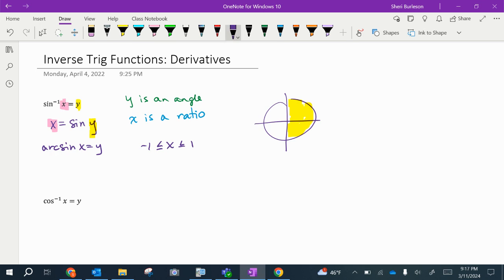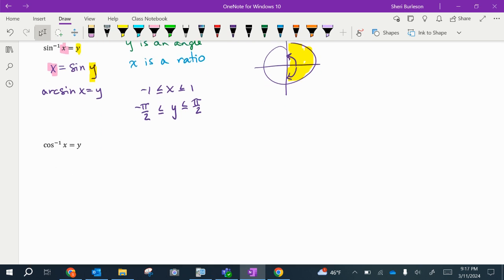If we remember that, in quadrant 1, it is a positive rotation up to pi over 2. And in quadrant 4, it is a negative rotation to negative pi over 2. So the only angle inverse sine is ever going to give you is an angle between negative pi over 2 and positive pi over 2.